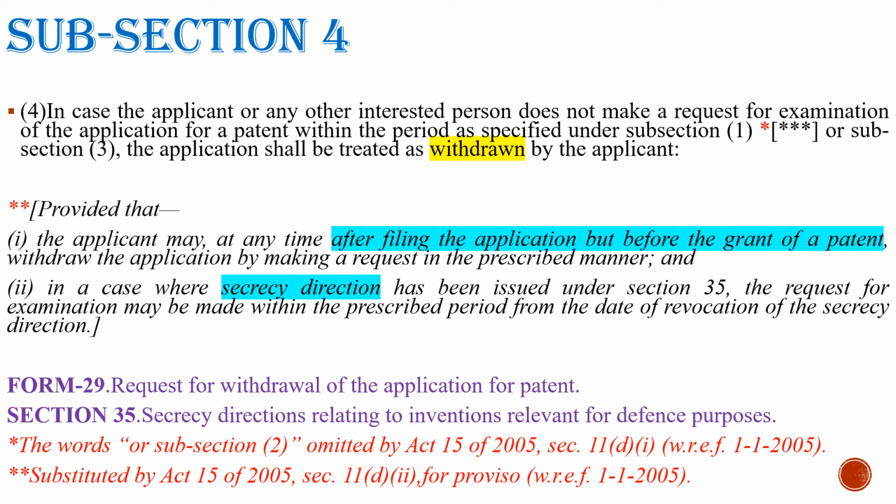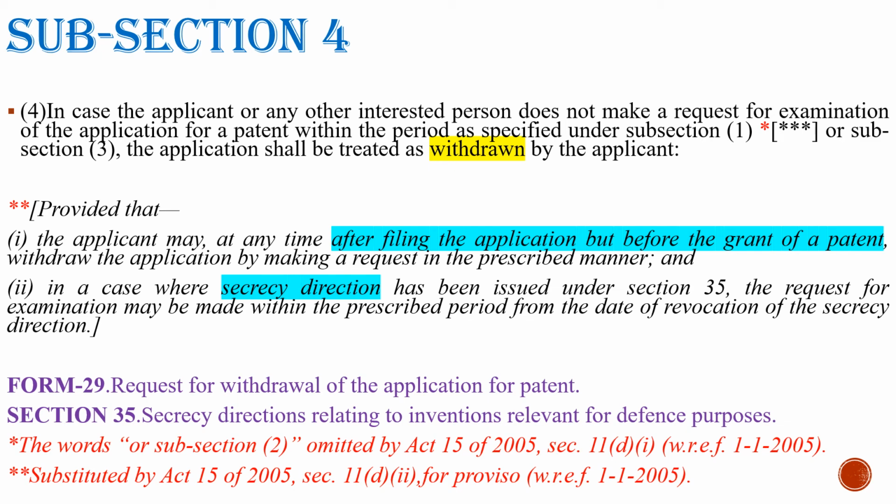Fine. Provided that means there are some criteria as well. The applicant may at any time after filing the application but before grant of a patent withdraw the application by making a request in the prescribed manner. How can he withdraw? At any time after filing the application but before the grant of the patent, he can make a request for withdrawing the application in the prescribed manner.